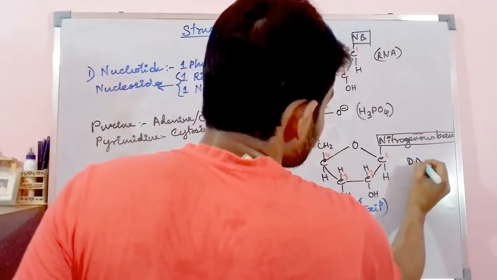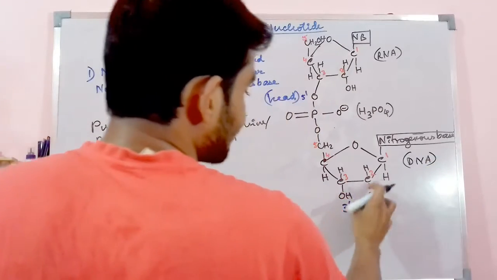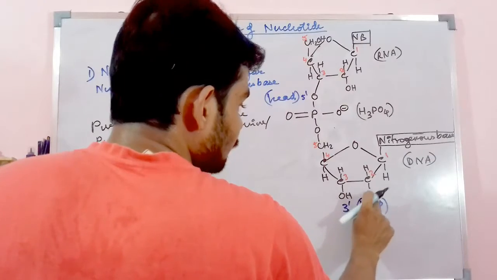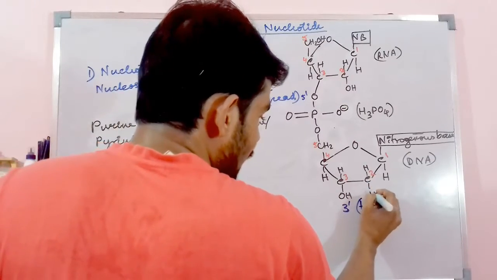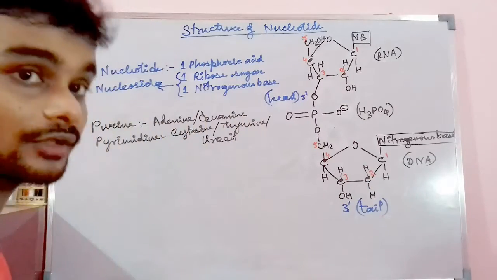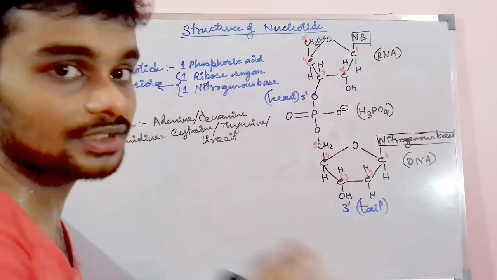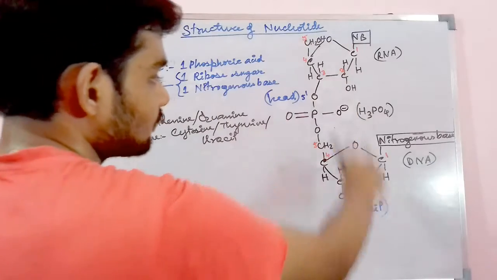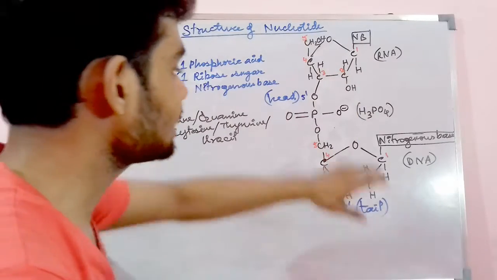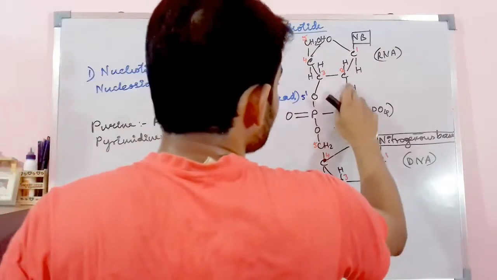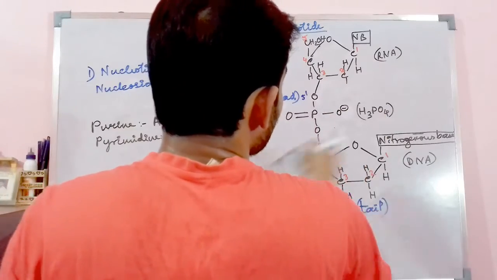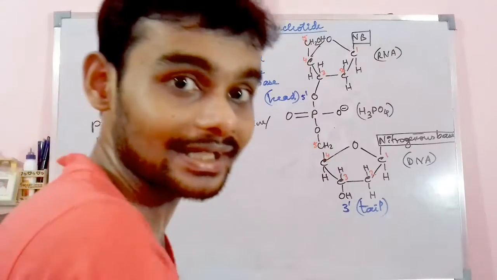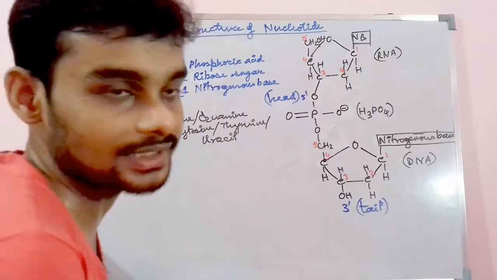If I consider this part as the DNA, in the second carbon only hydrogen would be present, oxygen would not be present. Only the hydrogen would be there. So this happens in case of the DNA, and this will continue throughout the entire chain of the polynucleotide strand.